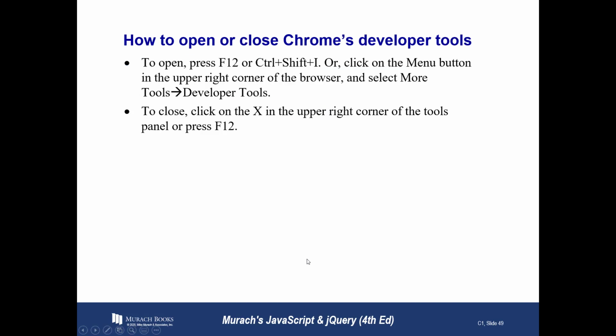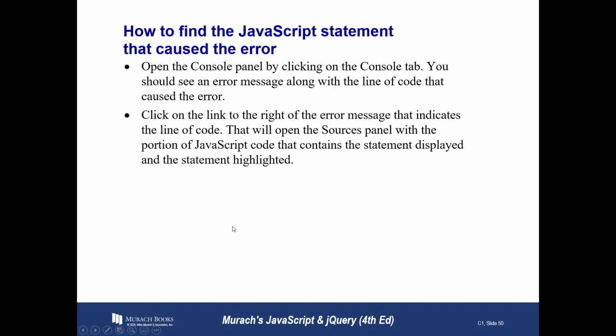To open up the developer tools, the easiest way is to either right mouse click and choose inspect if you're in Chrome, or hit the F12 key. It turns itself on with F12 and it turns itself off with F12. How to find a JavaScript statement that caused the error: it's what I just mentioned. You'll open the console and you'll look for it.